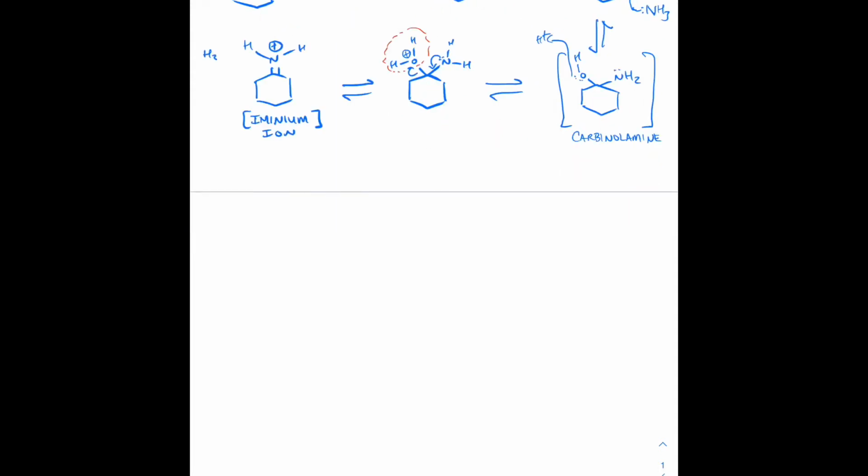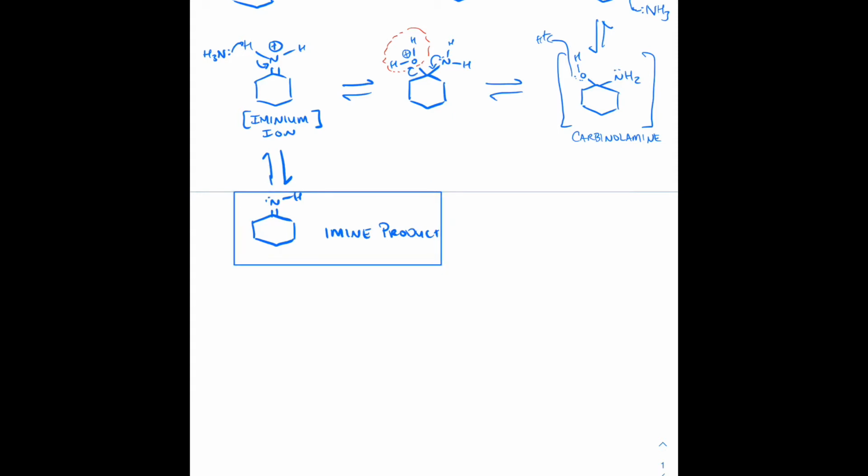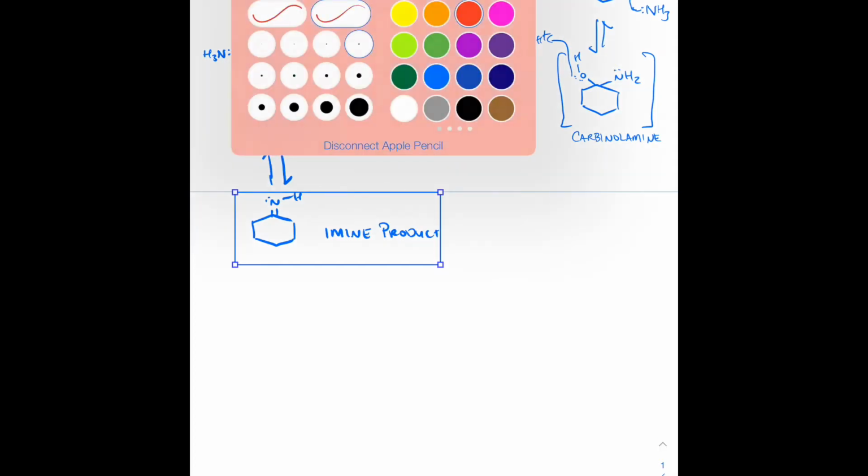So now this iminium ion is an intermediate, as the nitrogen is positively charged, and so in order to neutralize that, we remove the additional proton with the base that's present in solution, and we get the final desired product, which is an imine product, where we have a carbon nitrogen double bond, a lone pair on that nitrogen, as well as one group on the nitrogen as well. In this case, since we use NH3, that group is a proton or a hydrogen.